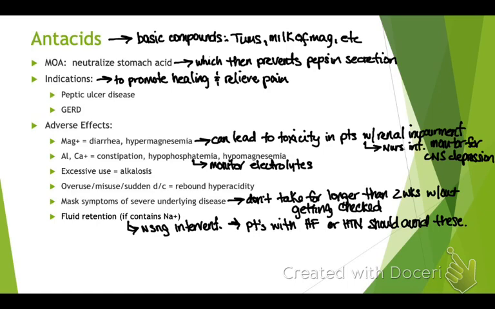So if all of a sudden you either misuse it or overuse it, or you just suddenly stop taking it, it's going to lead to a rebound effect, and you're going to have a more hyperactive production, and you'll end up with hyperacidity. They can also mask symptoms of severe underlying disease. If you're masking these symptoms, it could be leading to worse disease processes.